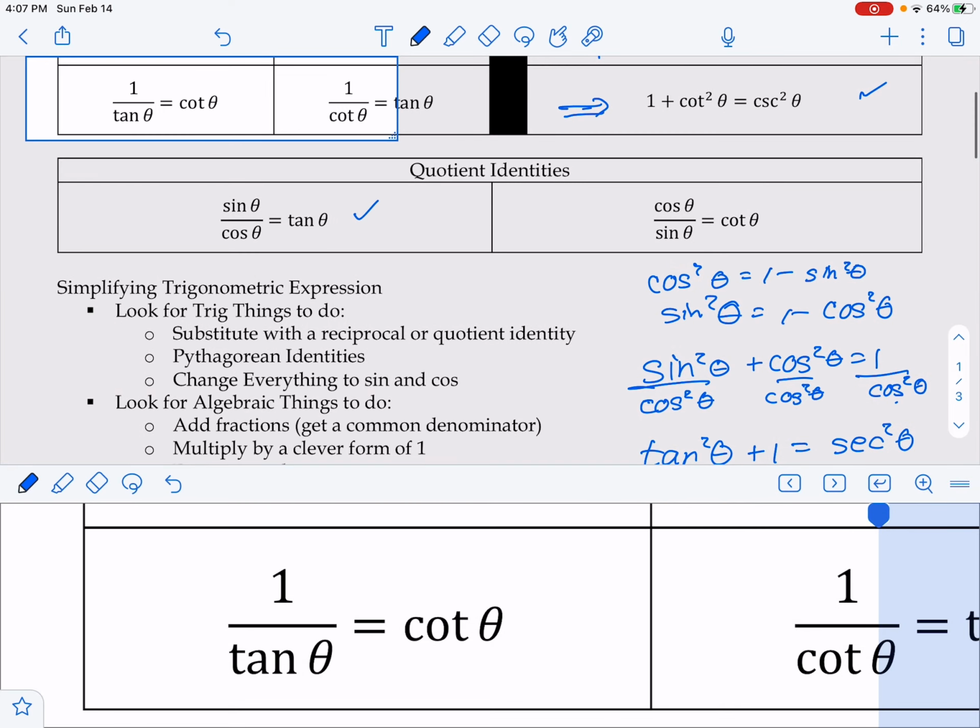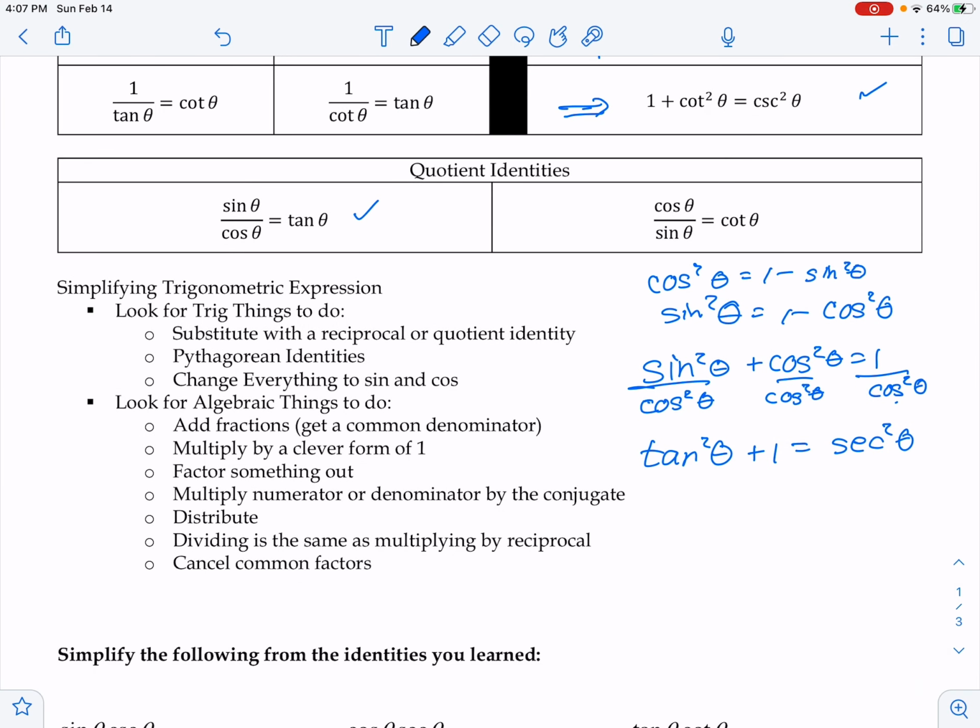If I go back to the Big Daddy, and you have sine squared plus the cosine squared equals 1, and you divide everything by the sine squared, you get 1 plus the cotangent squared equals the cosecant squared.